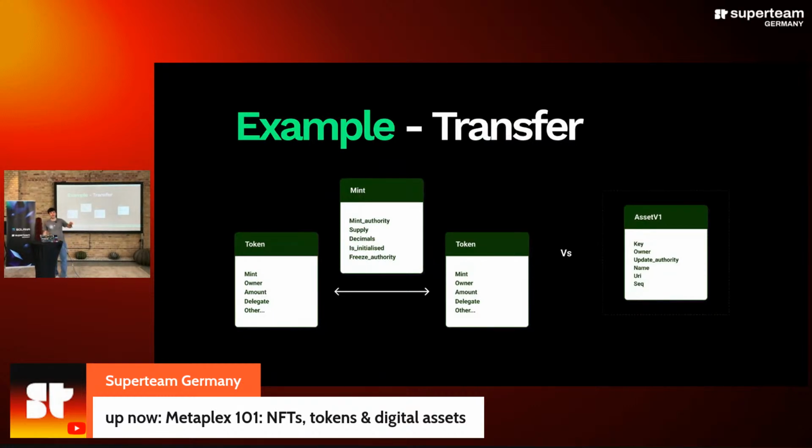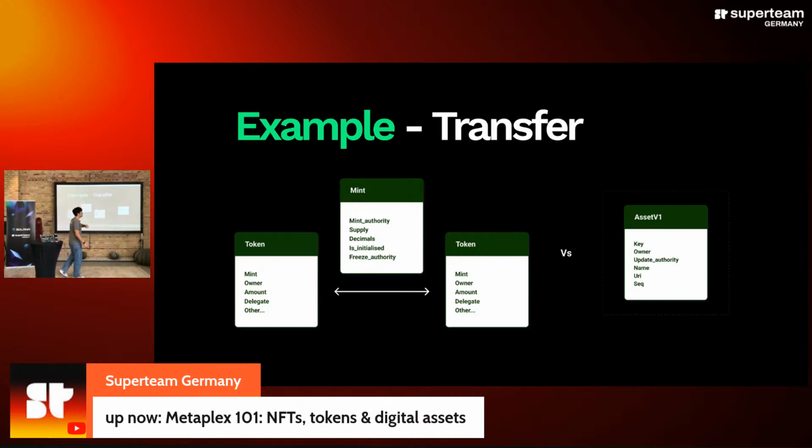Before, the minimal viable transfer was having 2 token accounts and a mint, and you could transfer this mint through a token account to another. The problem with that is that the people that transferred the asset out needed to pay for the creation of the token account of the person that received that NFT.